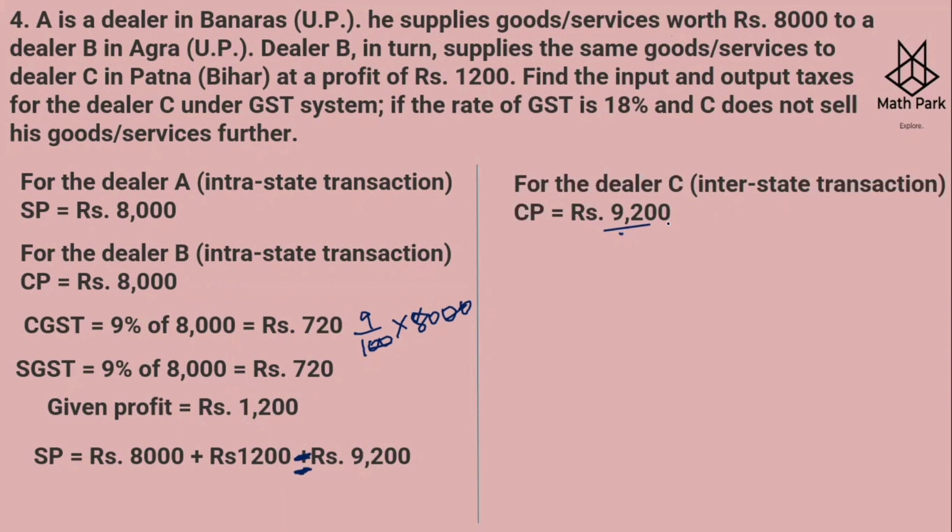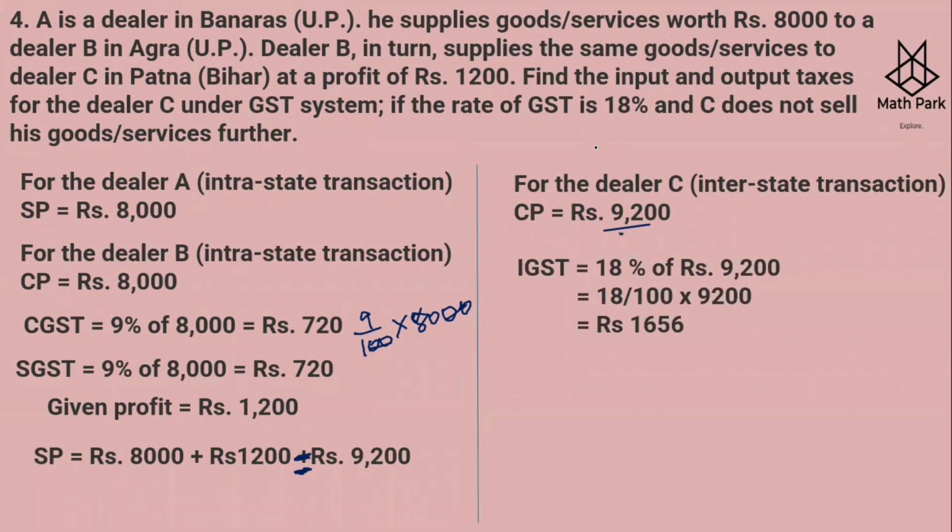And on this, the GST is again 18%. Since it is interstate, it is going to be IGST. So 18% of 9,200. These two zeros get cancelled, and 92 times 18 is 1,656. 18 times 92 is 1,656, which is the tax payable at this stage.